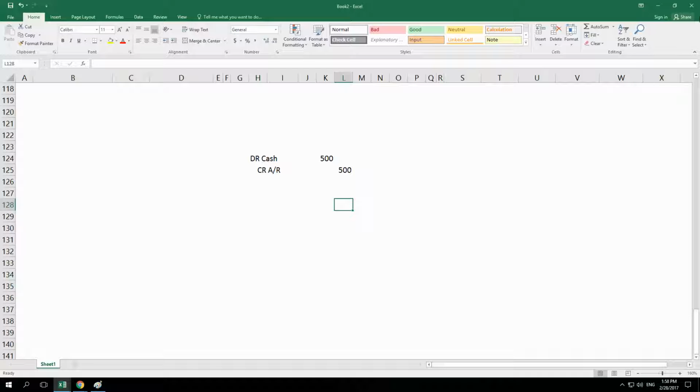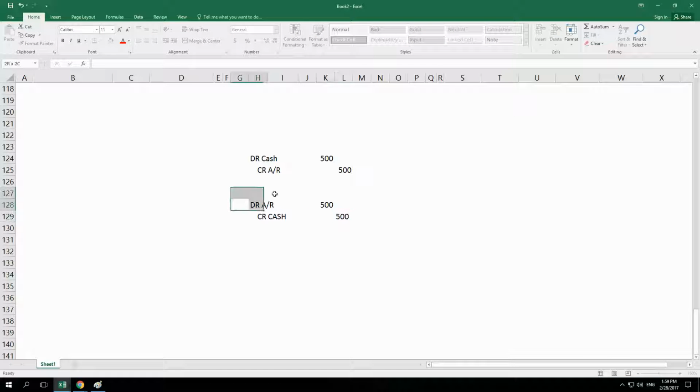Now you get this thing back. What should you do? You should just reverse what you did originally. You should make sure you put it back into accounts receivable to show that the customer still owes us the 500, but you have to reduce your cash account. So you're going to credit cash. Credit cash for 500.